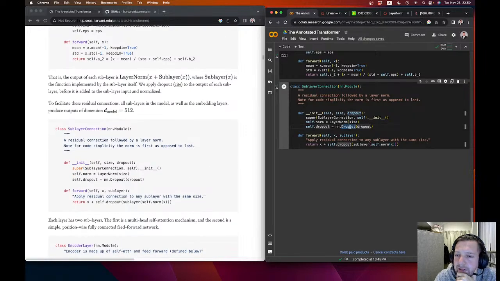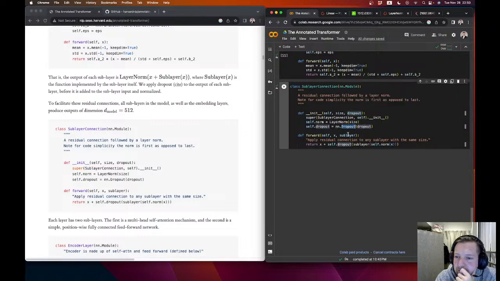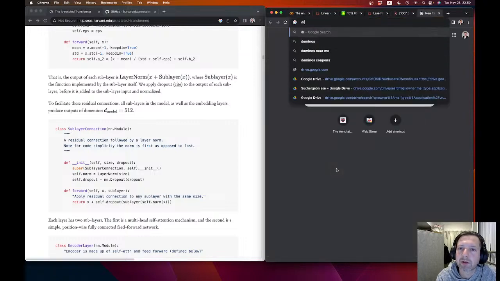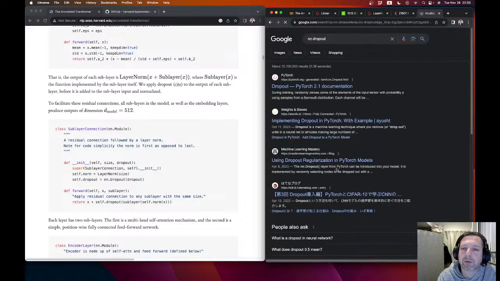But here's another thing from PyTorch, just a dropout structure to improve, again, learning efficiency. Let's just take a look at the documentation really quick. Dropout, maybe this will bring up Torch.